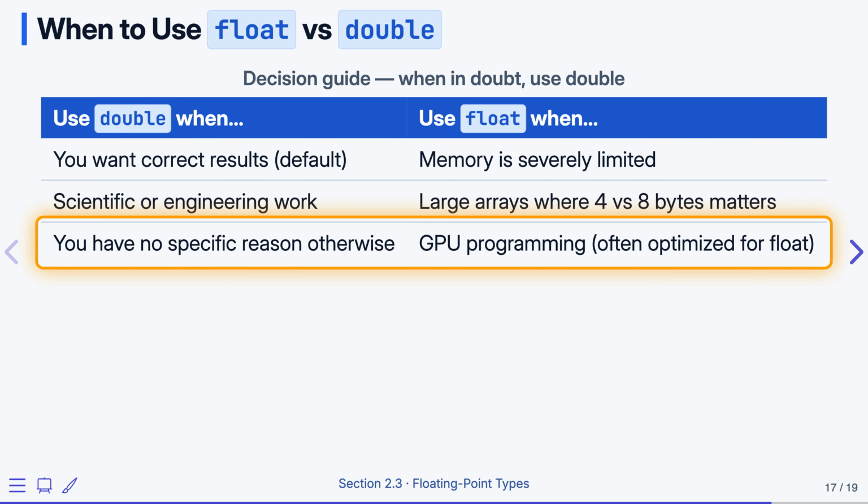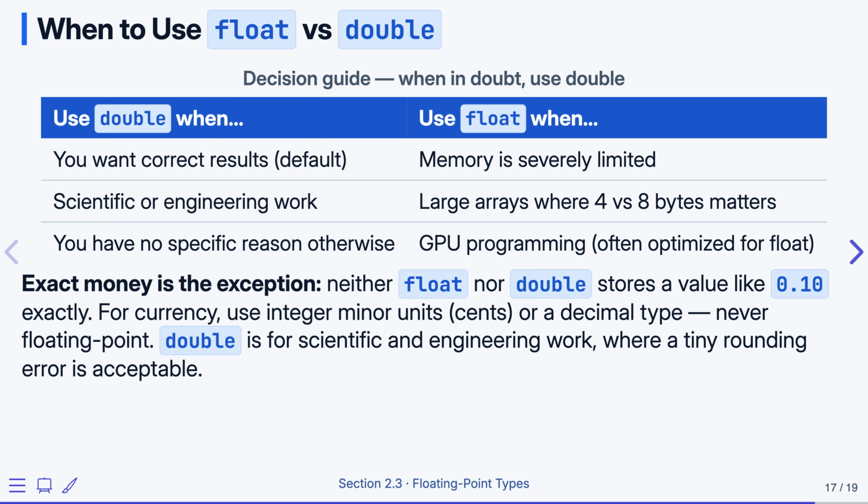Use float in GPU programming, which is often optimized for float. One important exception: do not use floating point for exact money. Neither float nor double can store a value like 0.10 exactly, so both accumulate rounding error. For currency, store whole numbers of cents in an integer or use a decimal type. Double is for scientific and engineering work, where a tiny rounding error is acceptable.